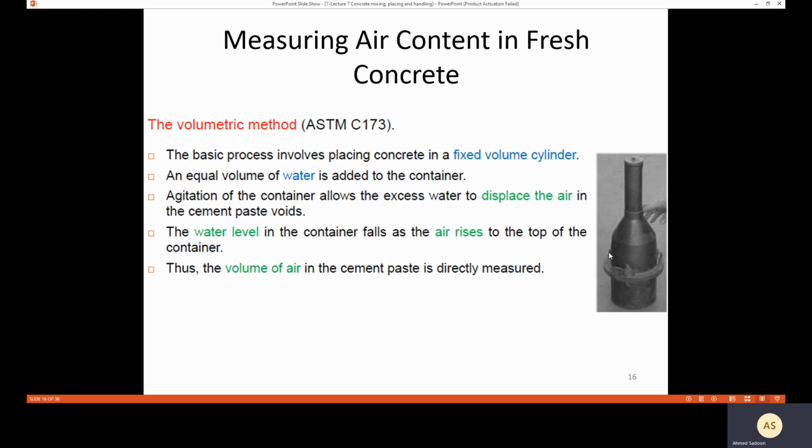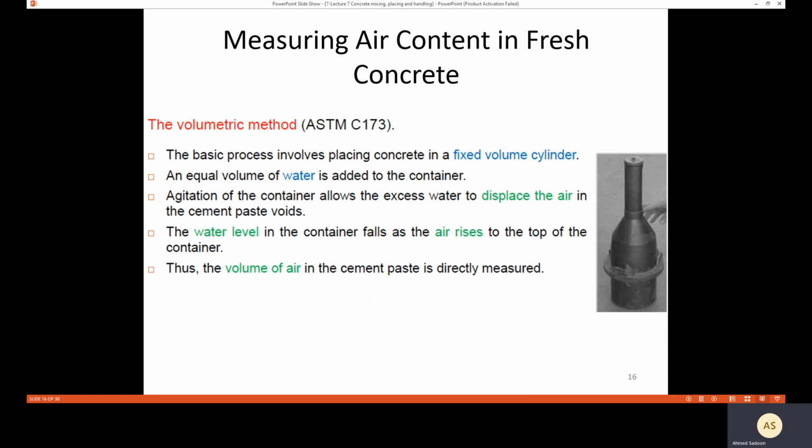Let's say we put concrete to this level. Then we fill the cylinder with an equivalent amount of water, the same amount as the concrete, and then we measure the level of the water.